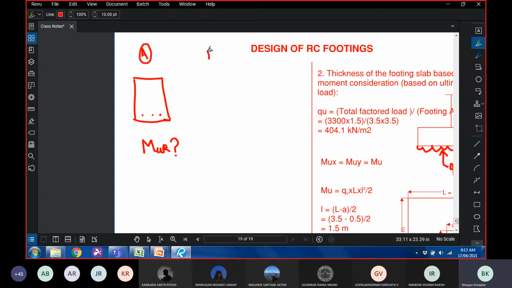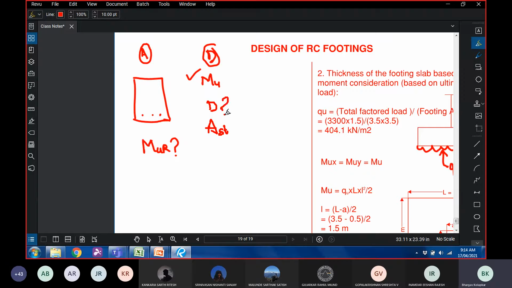Then we designed slabs. And in the design of slabs, the only thing that we knew was loading and the span. From that, we computed what was the demand. So this is what we knew. And then we found out what should be the depth of the slab and what should be the area of reinforcement.